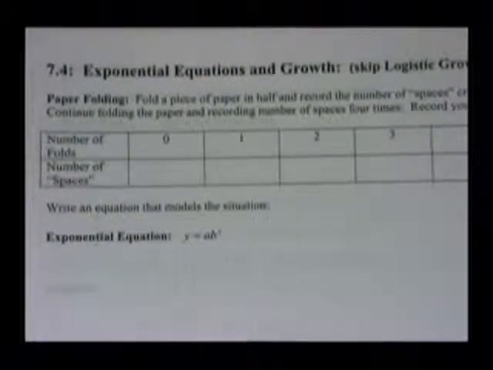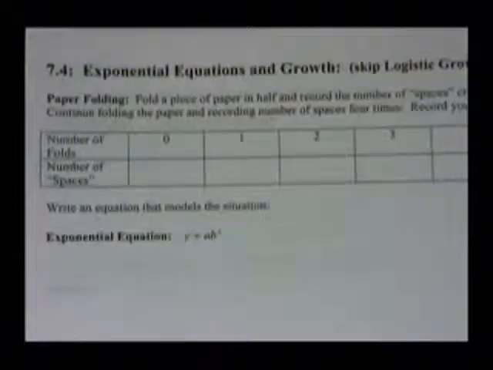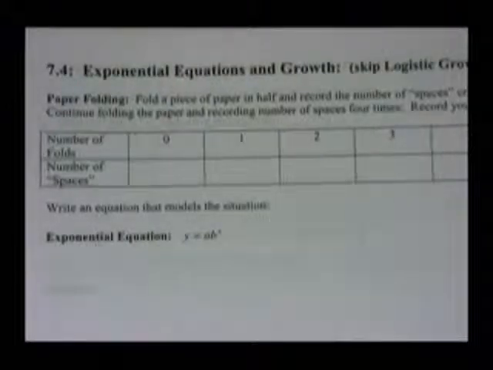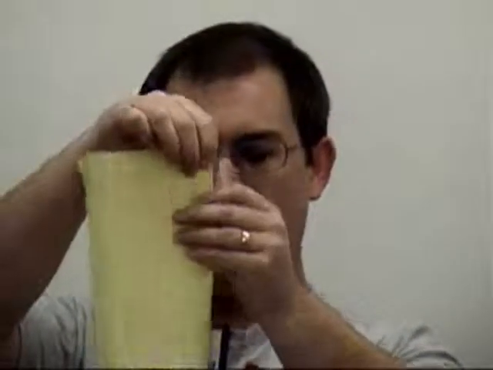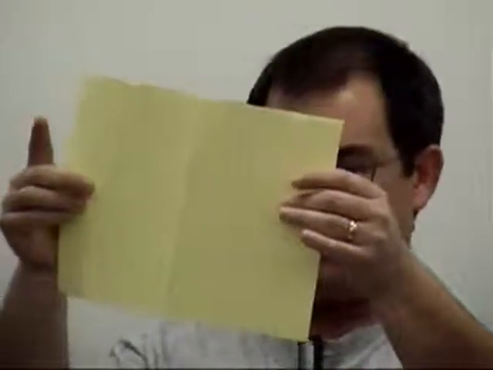Take a piece of paper, and I have a piece of paper here, and fold that paper in half. It might be easier to see it on the video screen, so let's do that. Okay, so I've got a piece of paper here, and I'm going to fold it in half. And when I do that, the number of spaces that I've created are 1, 2. All right.